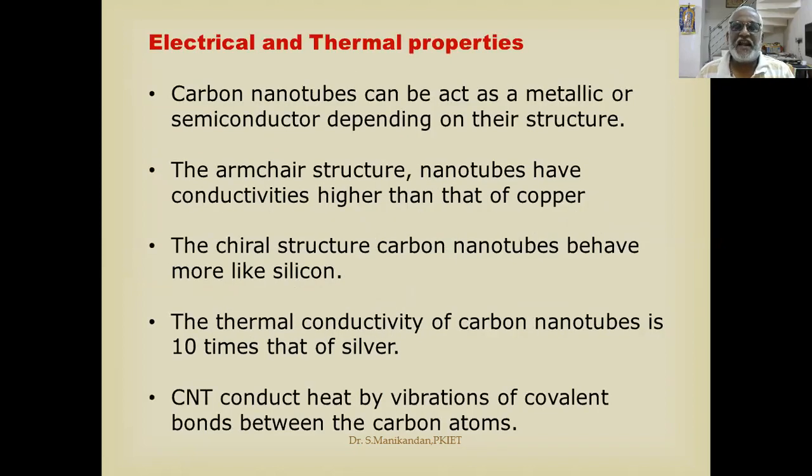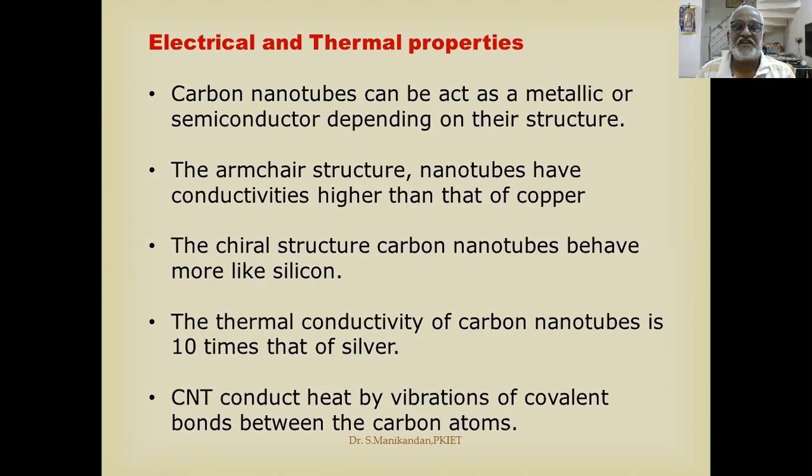Regarding the electrical and thermal properties of CNT, carbon nanotubes can act as a metal or a semiconductor depending on their structure during preparation. In the case of armchair structure, the nanotubes have conductivity higher than that of copper.